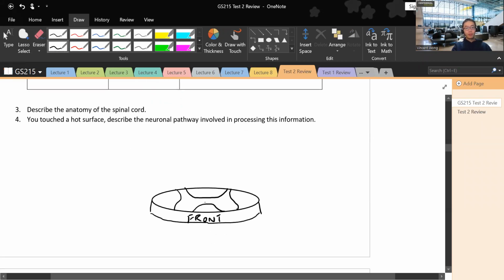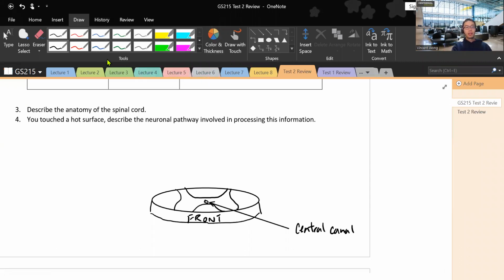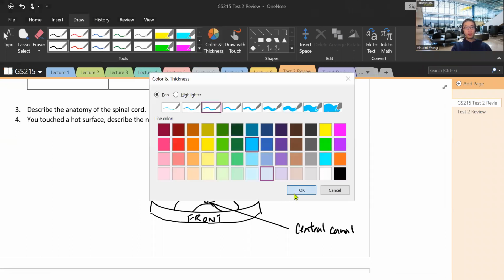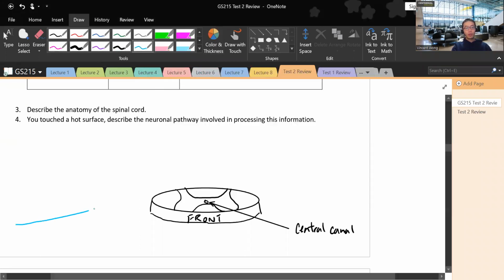And so in the center, we talk about there is the central canal, remember? Central canal, that's where the CSF is going to be going down all the way to the bottom of the spinal cord. Now we did this a couple of times already, so let's see if you remember. We're going to have a neuron that's going in at the back.